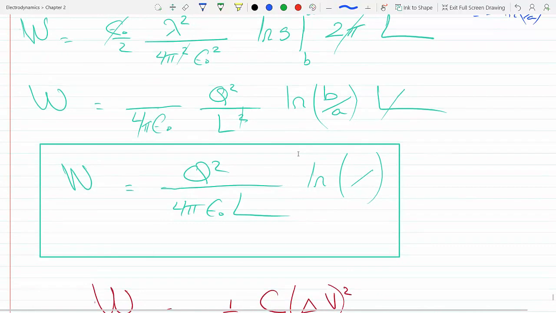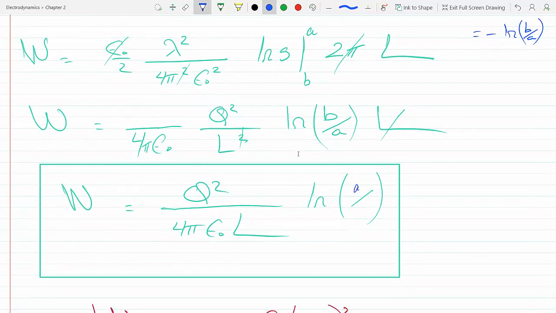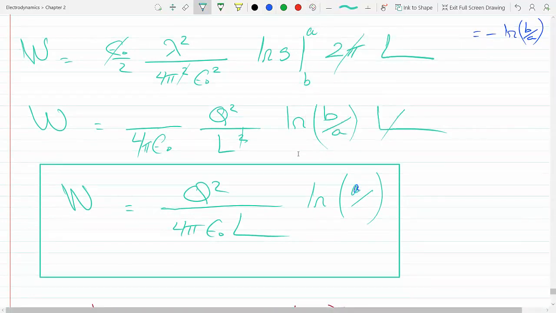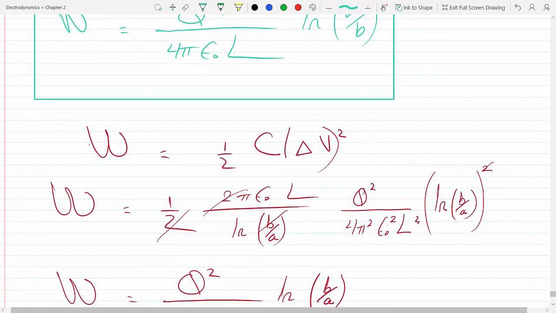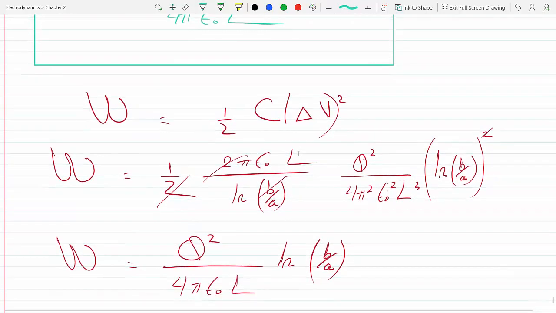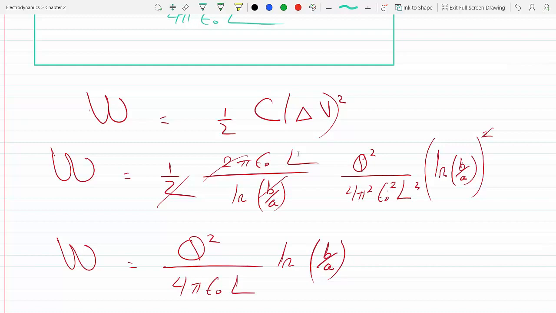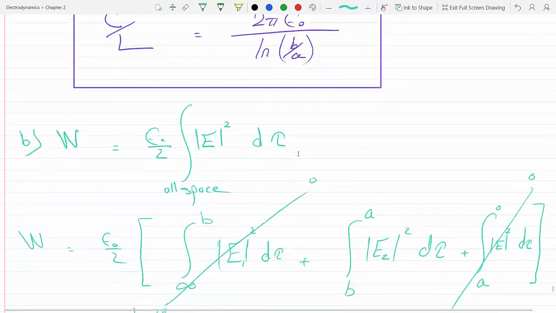So the point here is, yes, we do get a over b, but then when I apply this, I could equally likely switch these, right? So I could make this the capacitance turned out to be the capacitance was ln b over a.